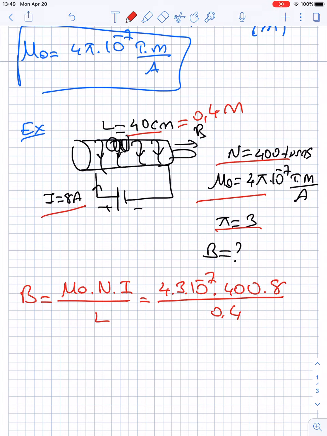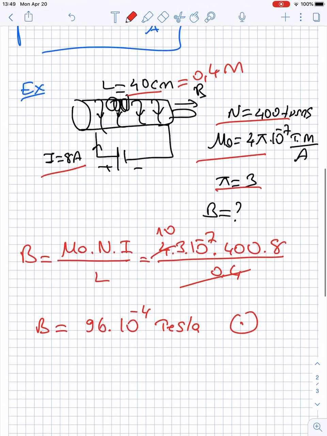After calculating and simplifying, my result is B equals 96 times 10 to the power minus 4 tesla, and my direction is outside.